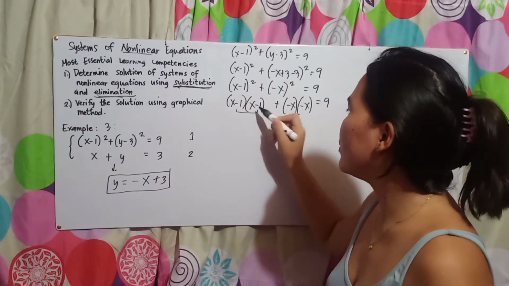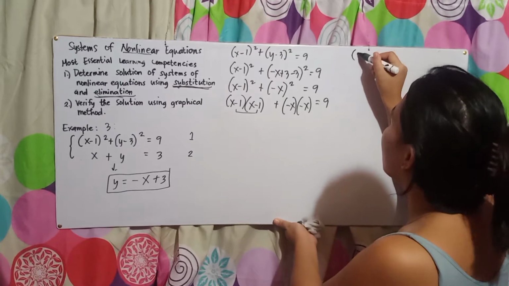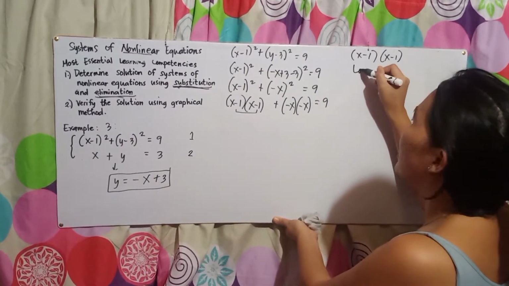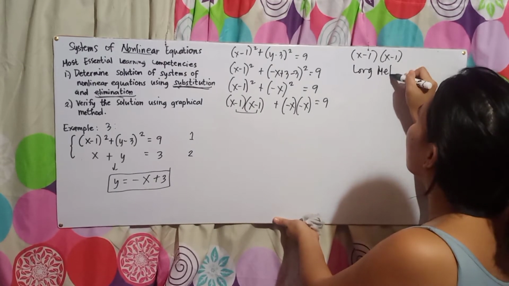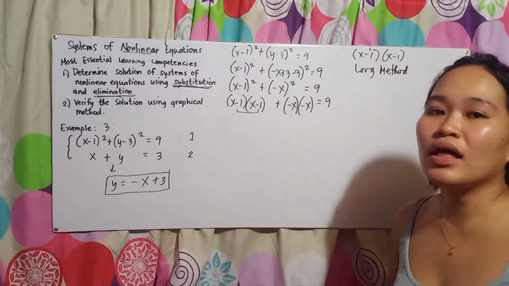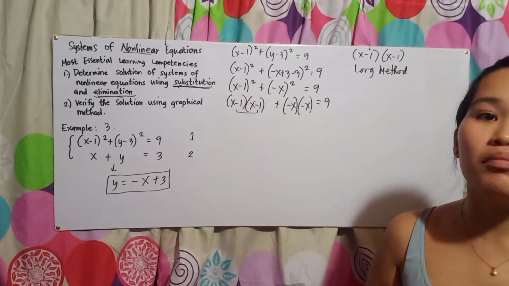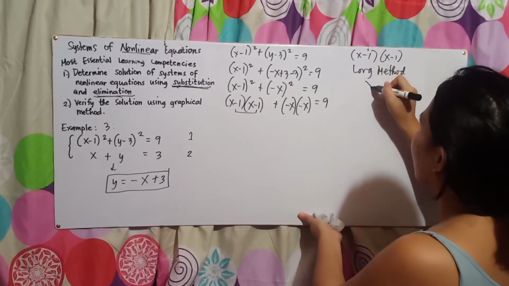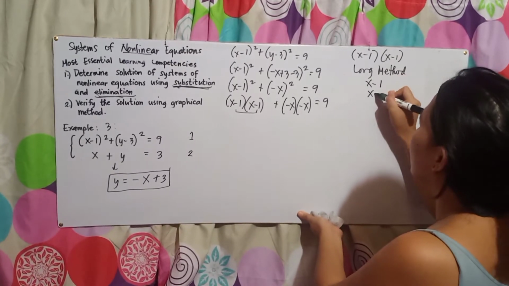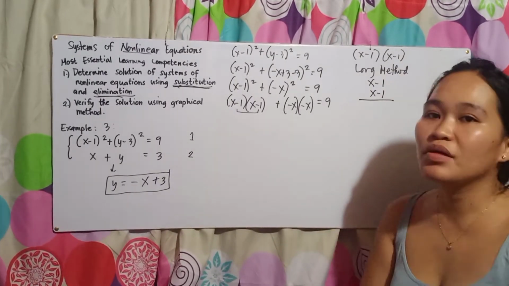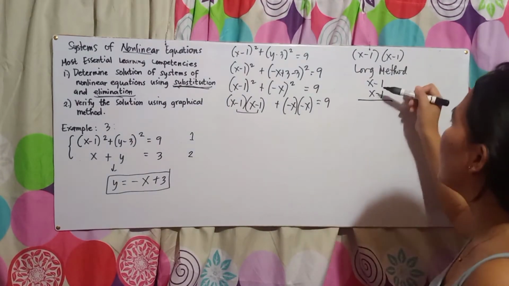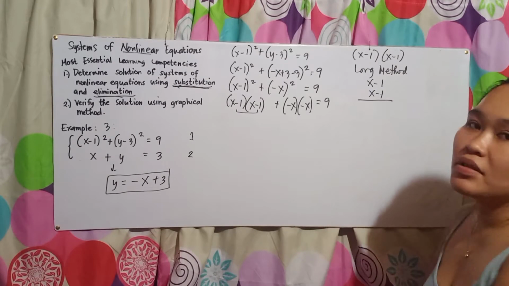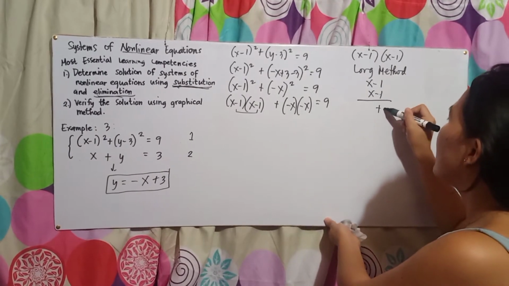So, let's solve x minus 1 times x minus 1. In the long method, it is just like multiplying numbers, the same process. So, x minus 1, x minus 1. Negative 1 times negative 1 is positive 1.